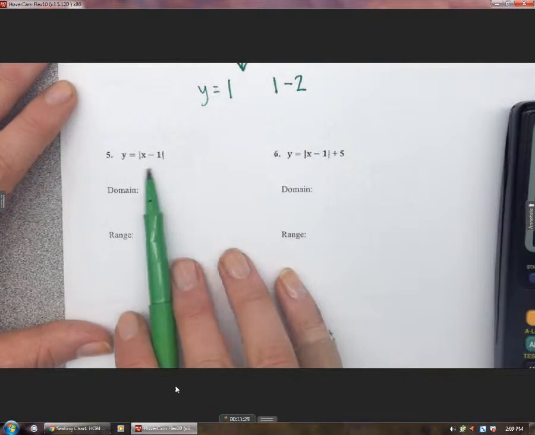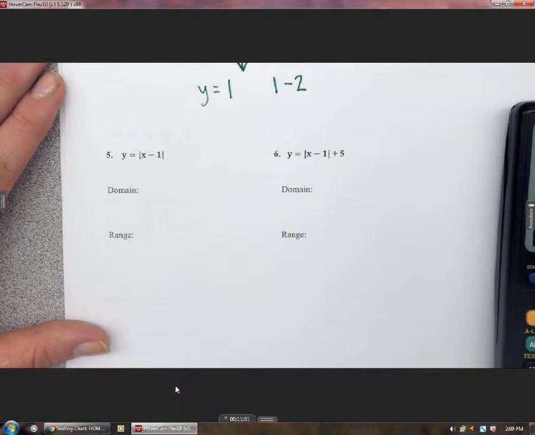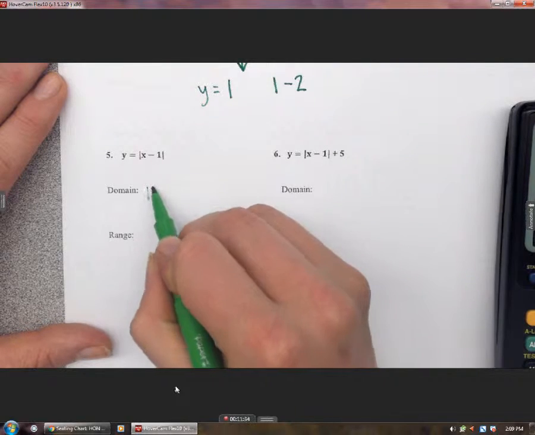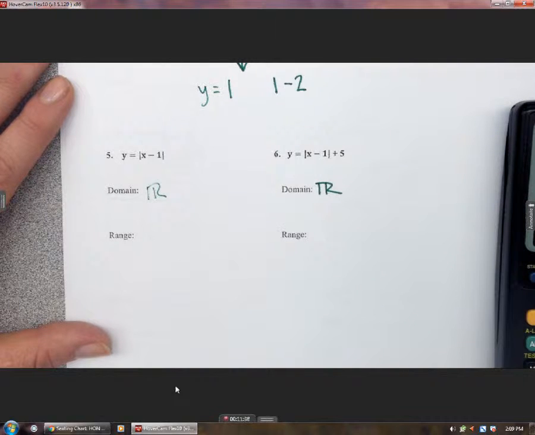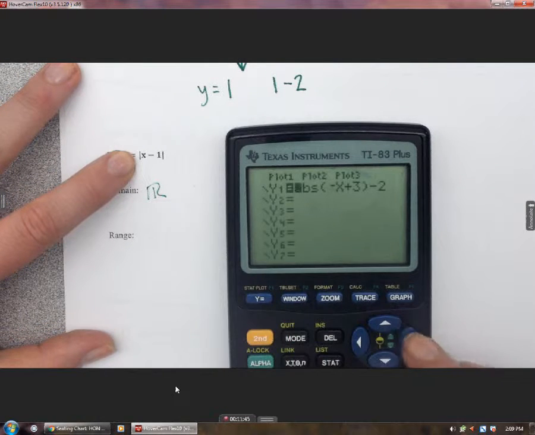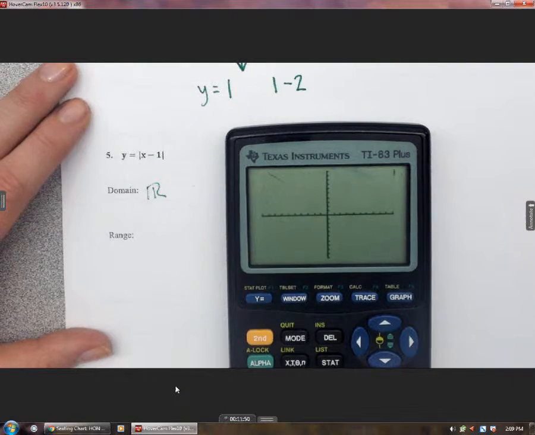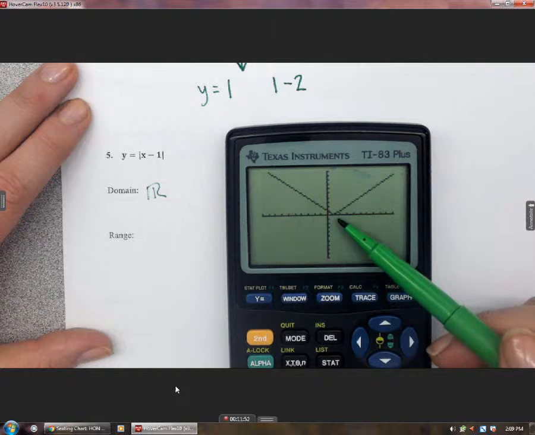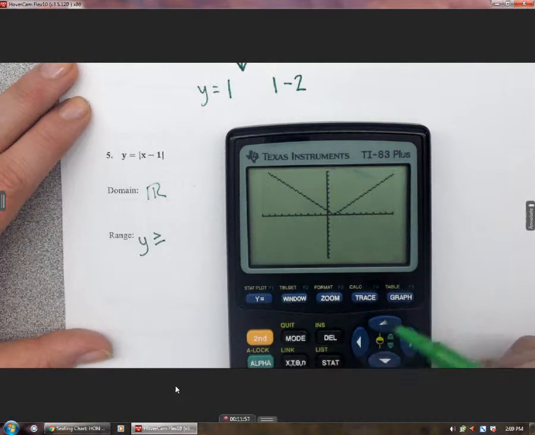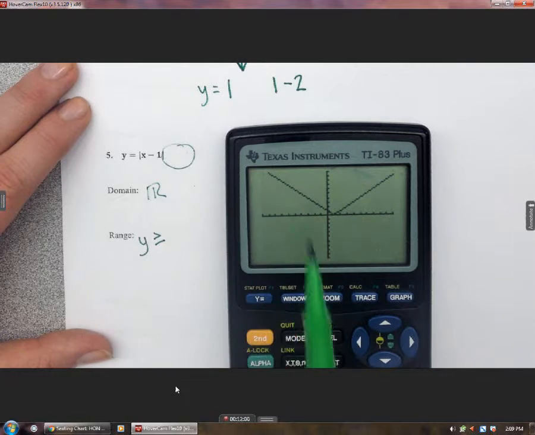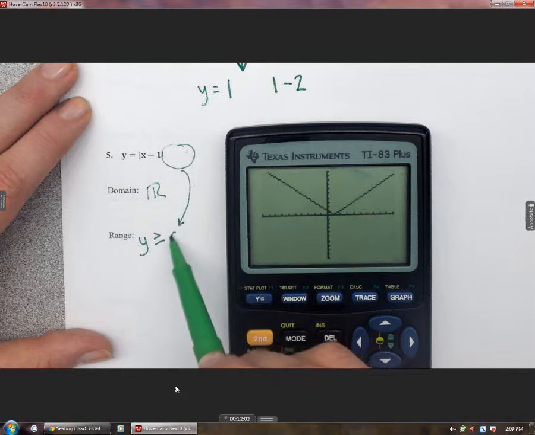Okay, then sometimes it just gives you an equation. It says, tell me domain or range. The domain of this, all real numbers, and of this one too. Those are easy points. The range is not all real numbers though. If I graphed this one and I had x minus 1, this one has a minimum, so my range would be y is greater than or equal to, there is no plus number on the outside here, so it would just be 0.